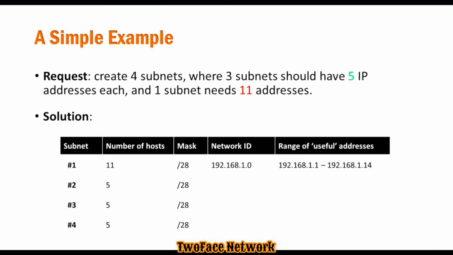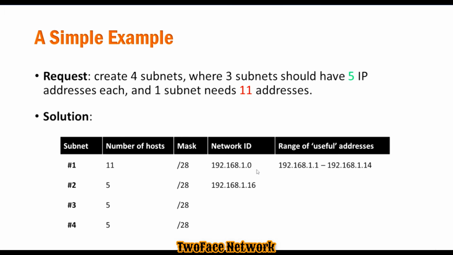So the network ID for our second subnet is going to be 192.168.1.16. And don't worry if you're not sure how I got here. I'm going to explain this when we go through our more complex examples later. But for now, since these are very small subnets, you can see it for yourself by using simple math.